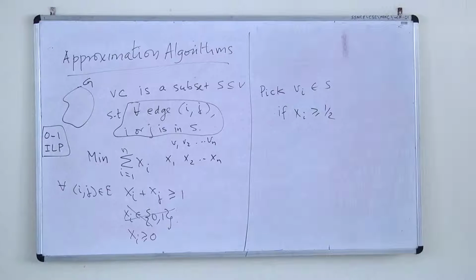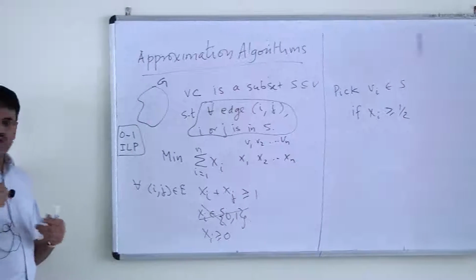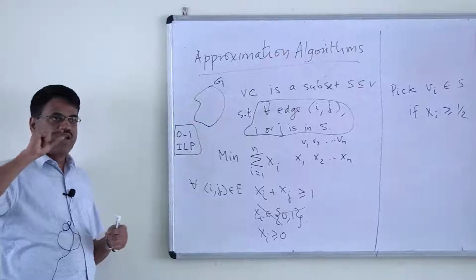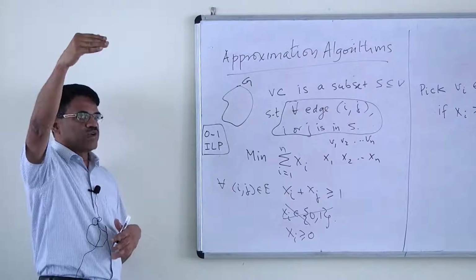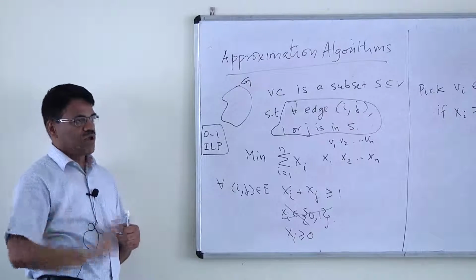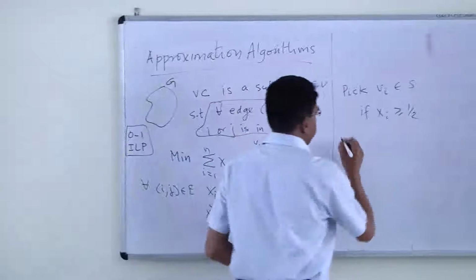The reason I do LP is because that's what I can solve in polynomial time. Integer programming I cannot. So in polynomial time I solve the LP, but it throws me a lot of fractional values. So now I'll round up. Whenever a variable is greater than or equal to half, I promote it to 1, and otherwise I throw it out. Now I claim two claims.